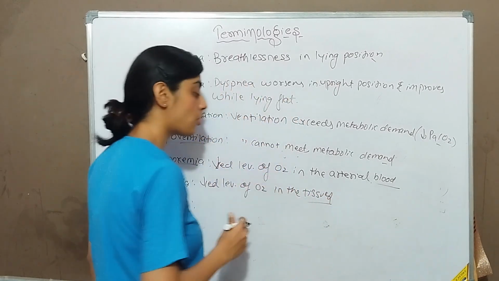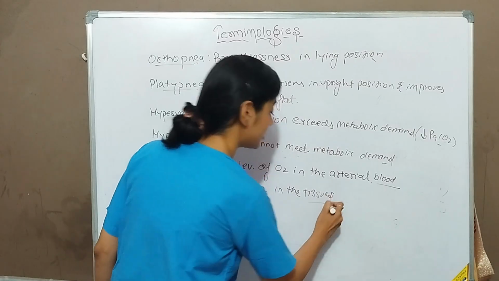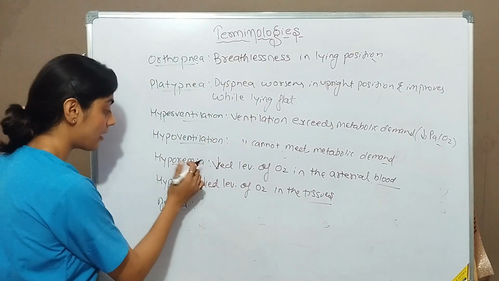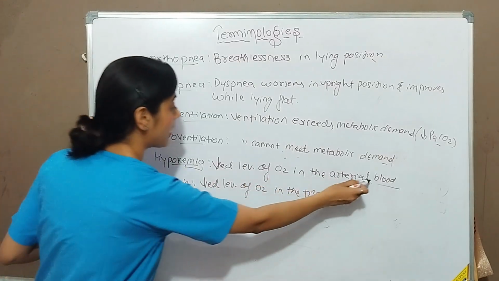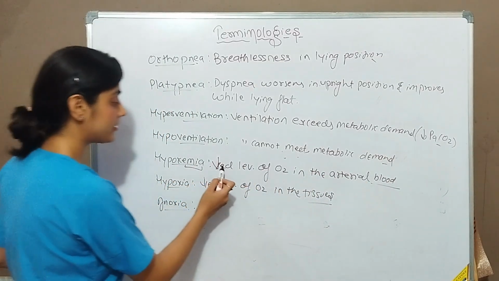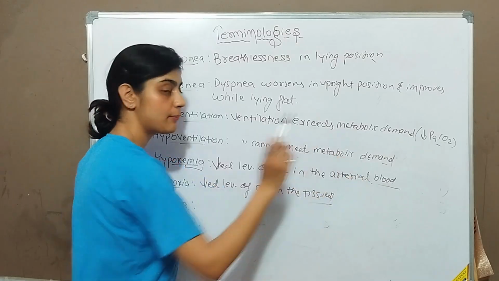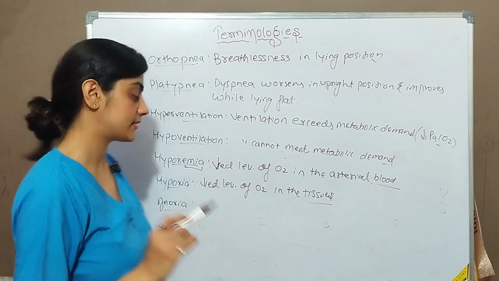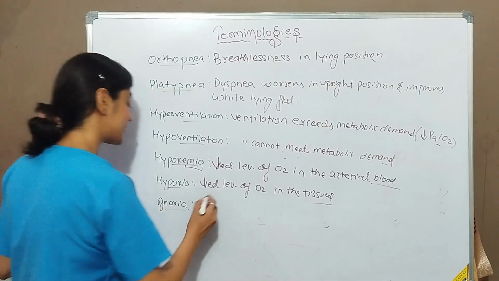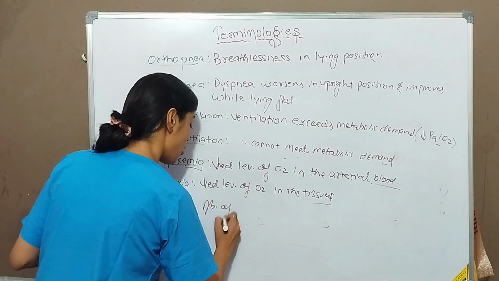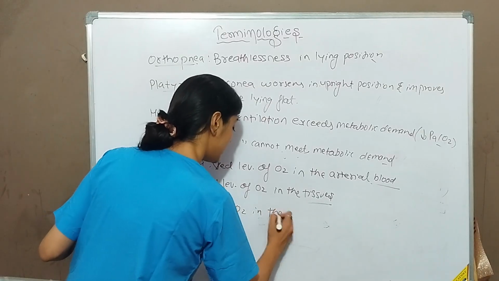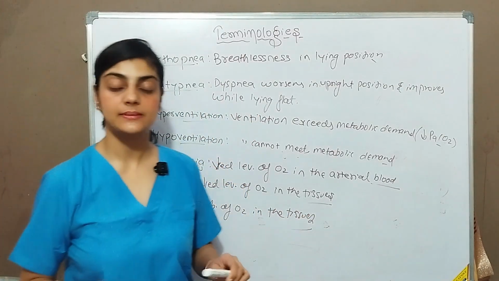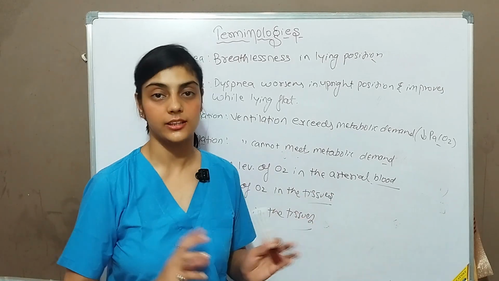The tissues do not have enough oxygen. The suffix emia means related to blood. In hypoxemia, the oxygen level is decreased in the arterial blood, but in hypoxia, it is decreased in the tissues. Next we have anoxia, meaning complete absence of oxygen in the tissues.